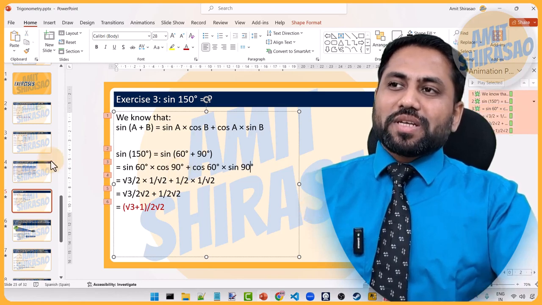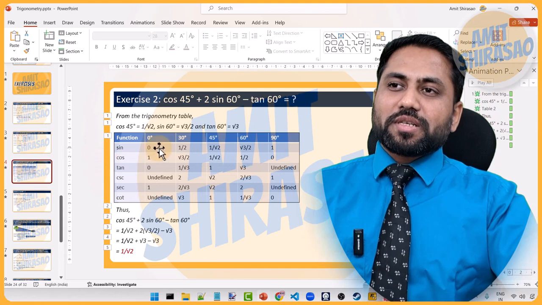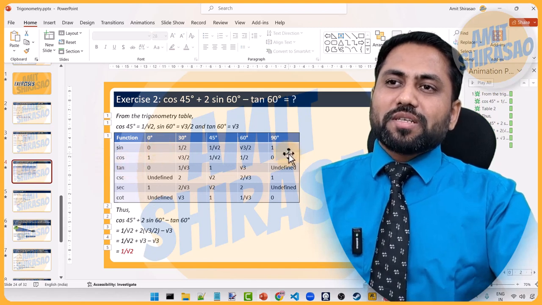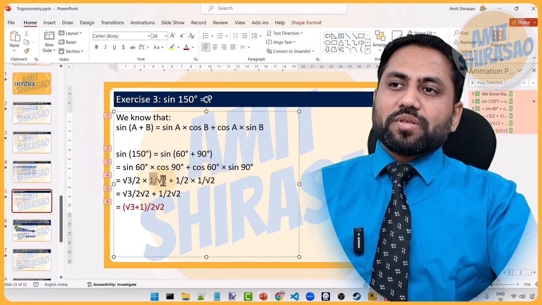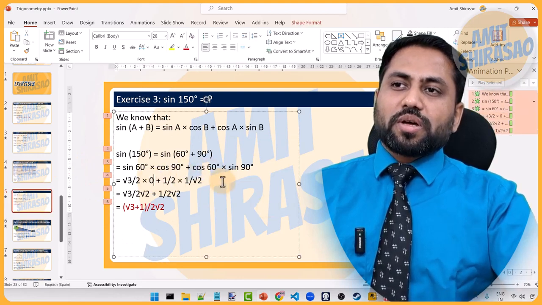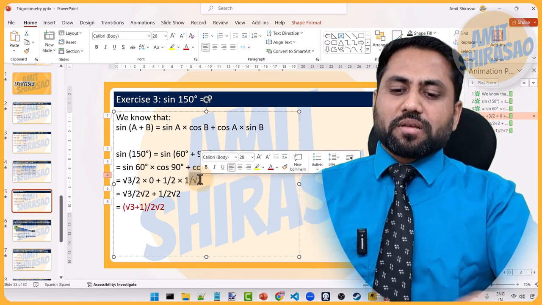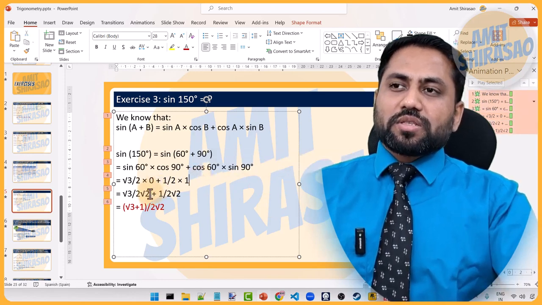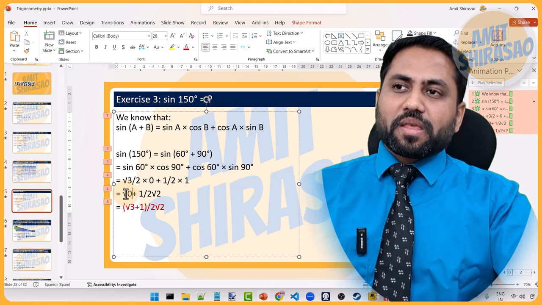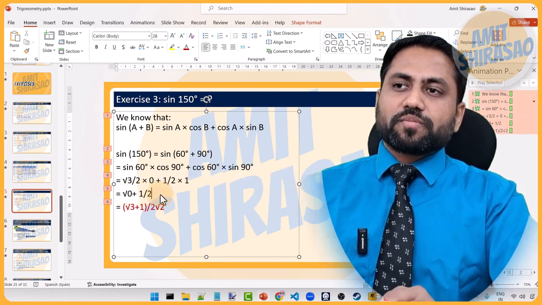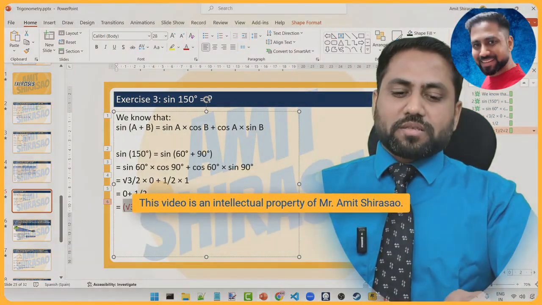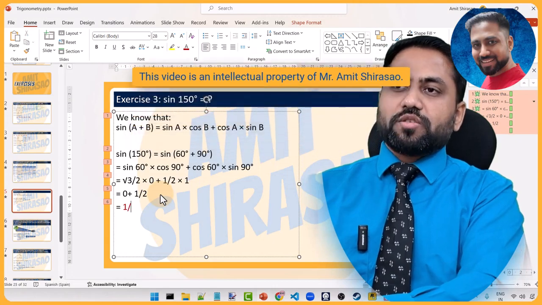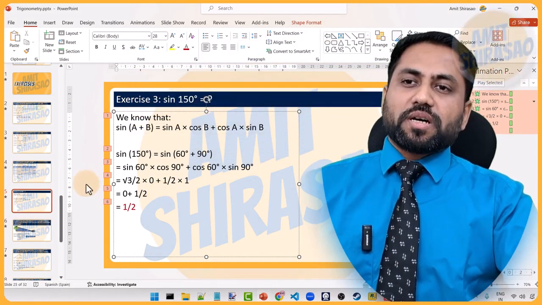So cos of 90 degrees and sine of 90 degrees, what is it? Let us see. Cos of 90 degrees is 0 and sine of 90 degrees is 1. So this will evaluate to 0, and this will evaluate to 1 by 2. So the final answer is 1 by 2.